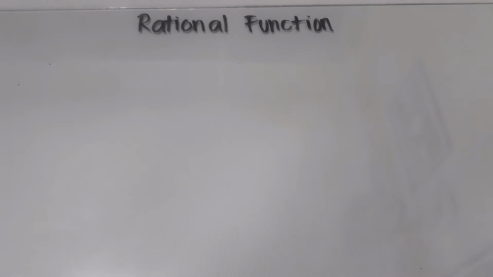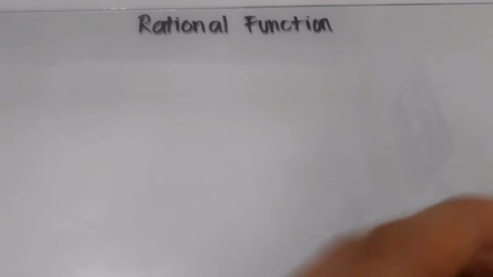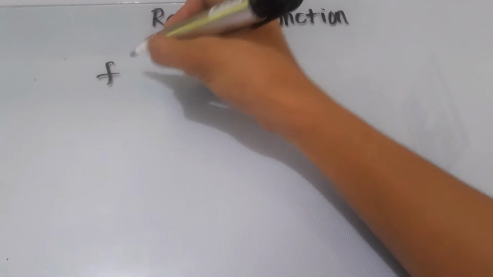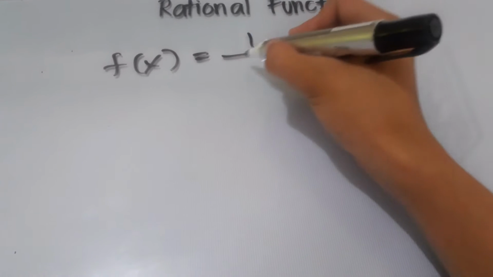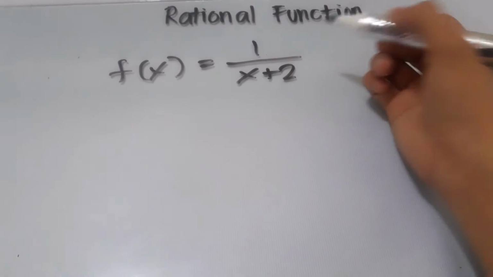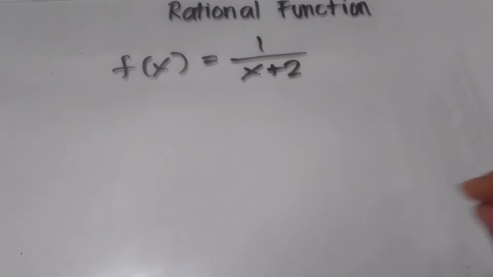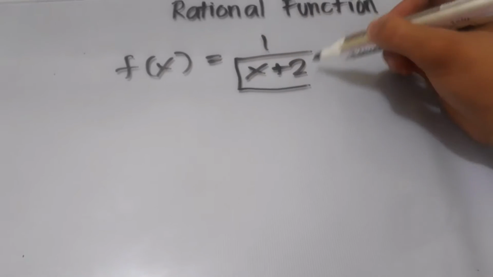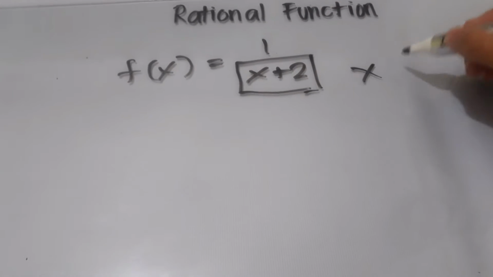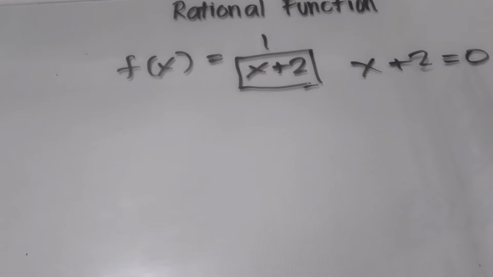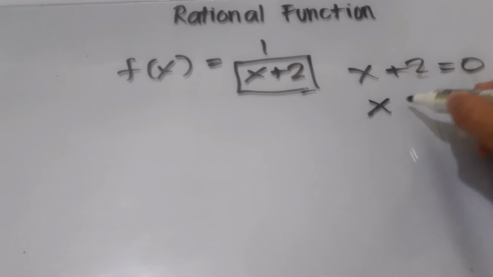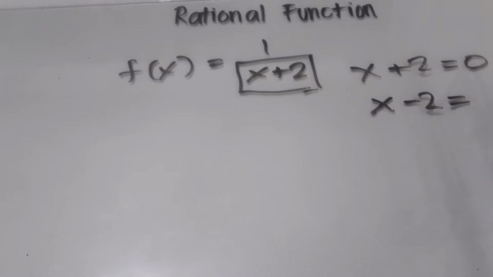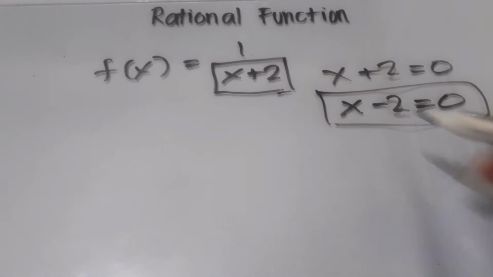So let's find the domain using the equation f of x is equal to 1 over x plus 2. So what would make x plus 2 equal to 0? Of course, x equals negative 2 would make it 0.